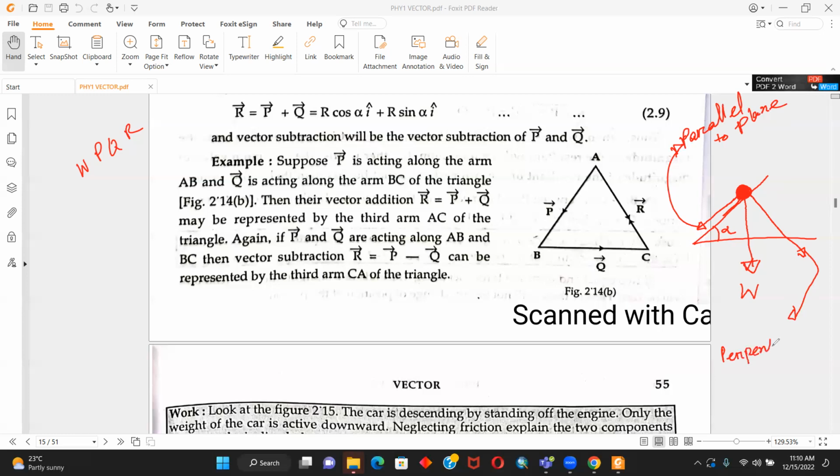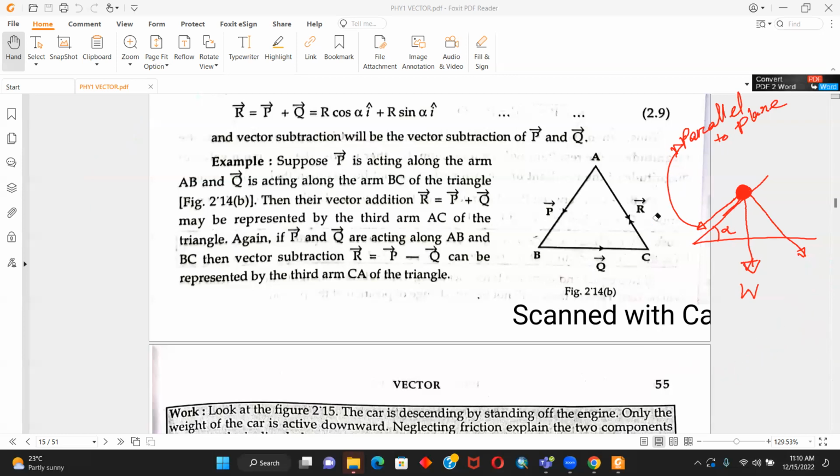Focus on the keywords I'm using: perpendicular to the plane. So that means whatever is parallel to the plane, what will we get? Tell me. Horizontal component. Okay.